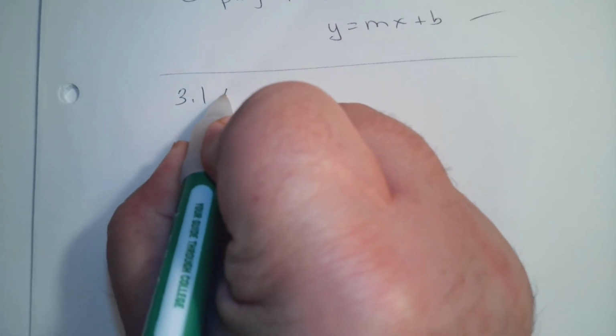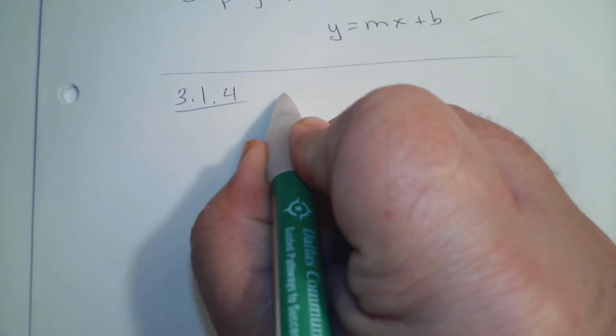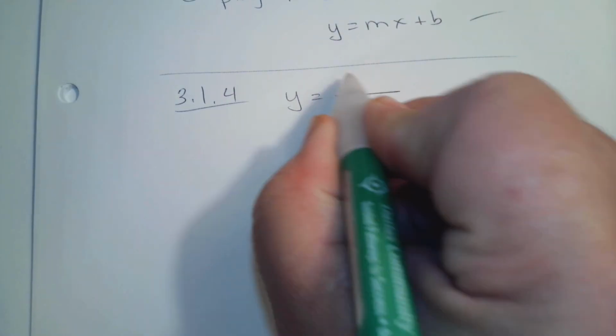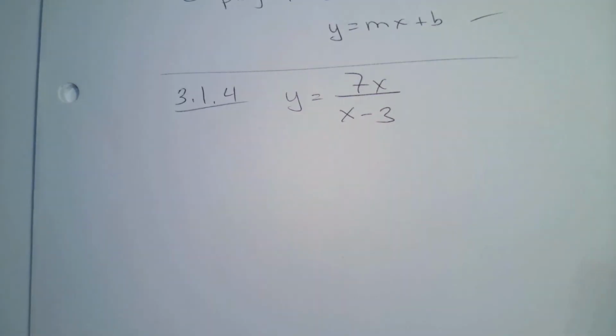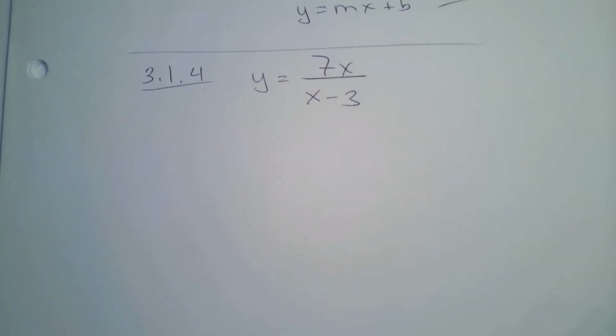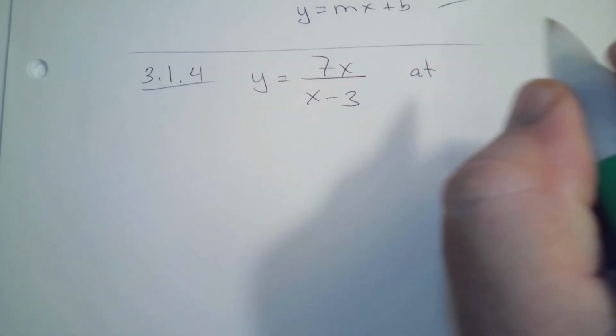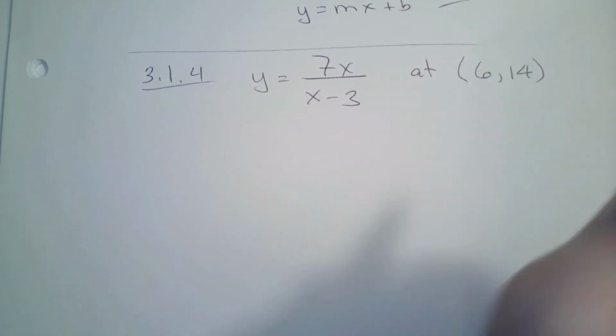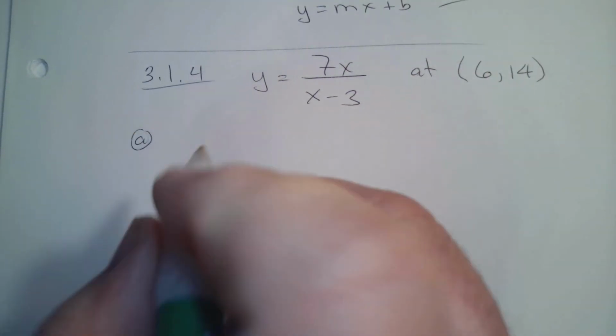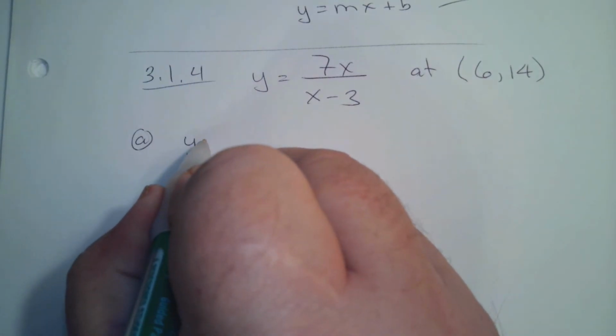Chapter 3, Section 1, number 4. The equation is 7x over x minus 3. Let's first find the slope at the point (6, 14). So A, we have to find the derivative.